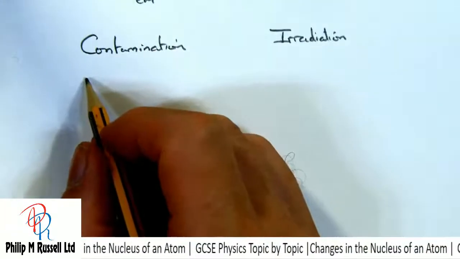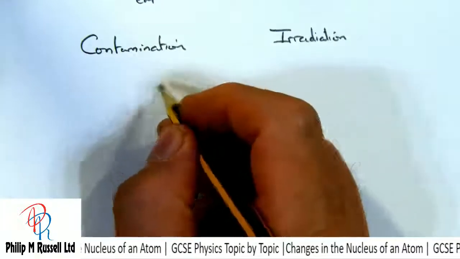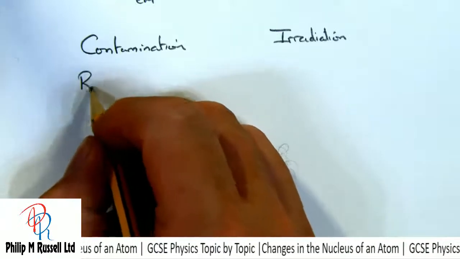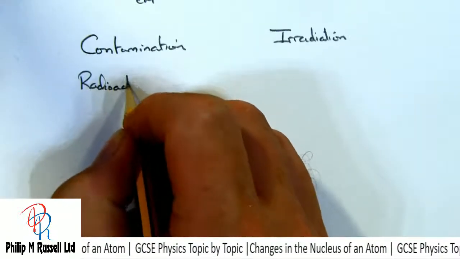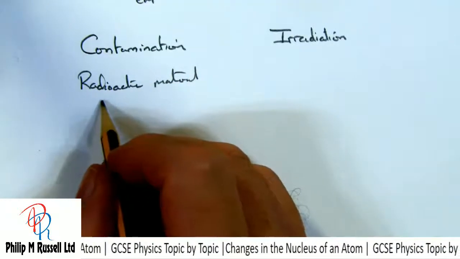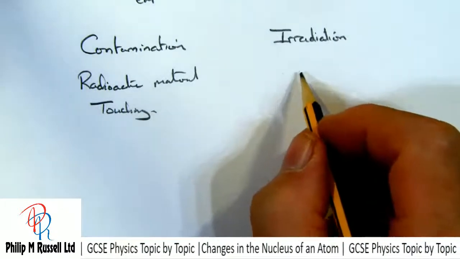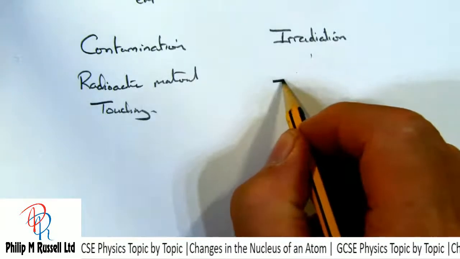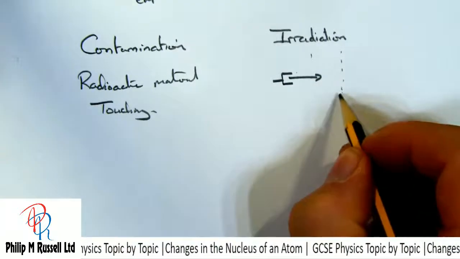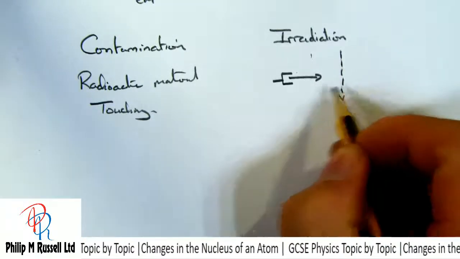Contamination is where you actually bring the stuff with you. It gets attached to you, either inside or outside. So we have basically here our radioactive material literally touching with you. Irradiation, on the other hand, is where we have a source of radiation coming out, and you might pass through that sort of beam of radiation.